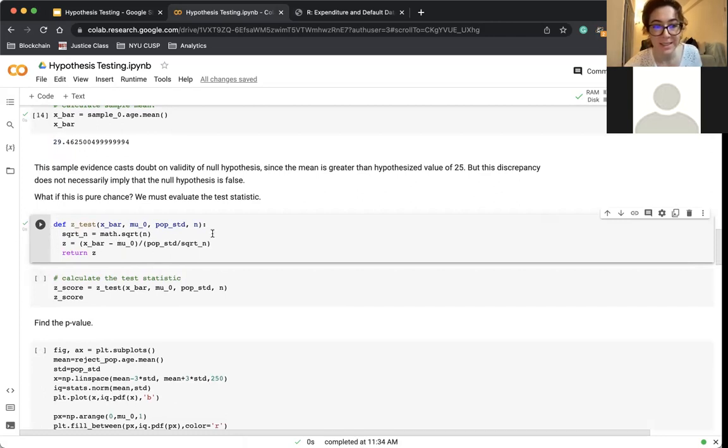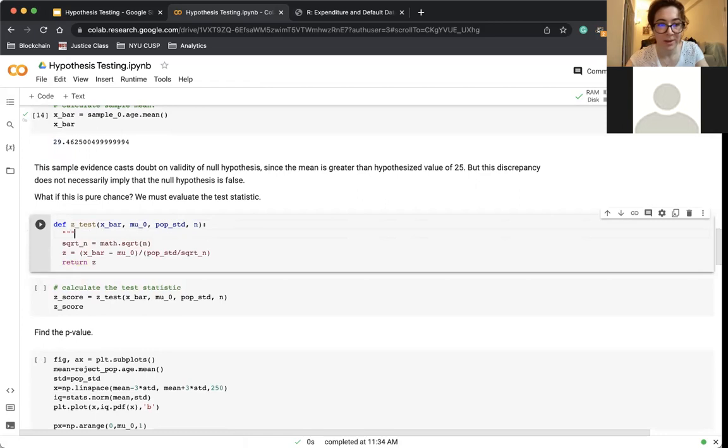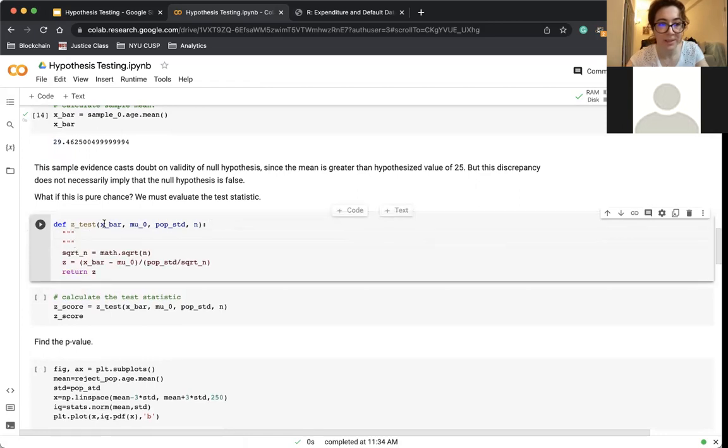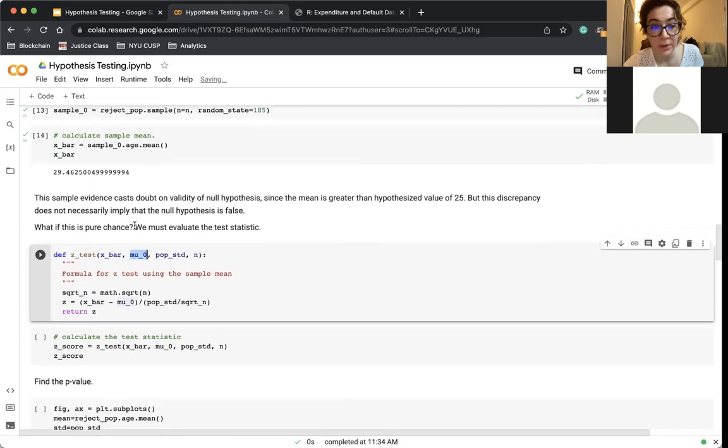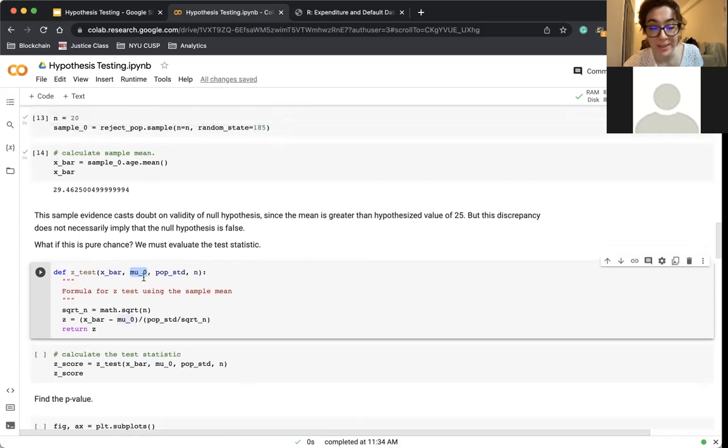So this is that z-test. I should have better documentation to say what's in this. So I'm just going to make a little, but we've seen this formula again. So we just plug in our sample mean, the mu that we're trying to test against, like the average, which was 25.